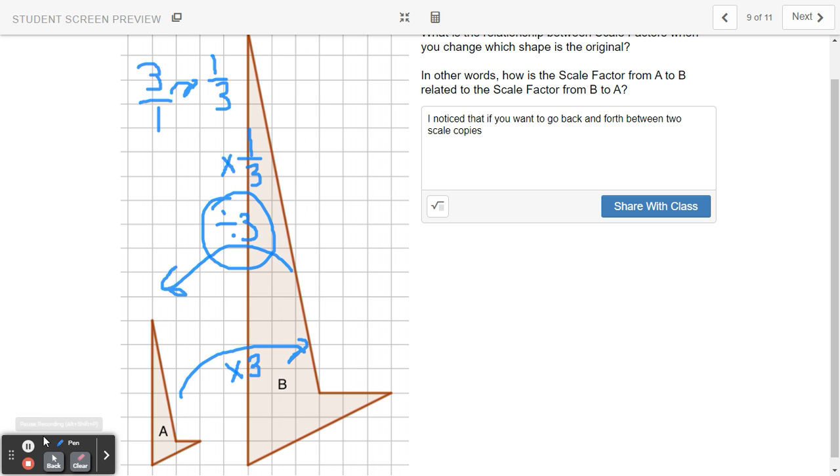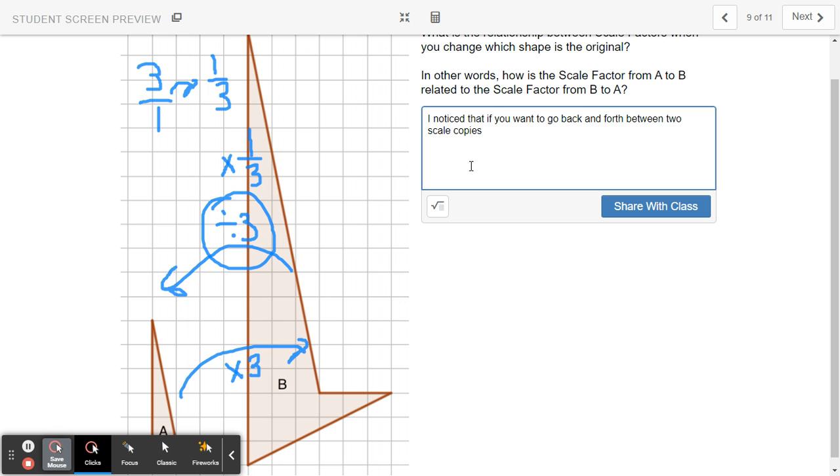So when I look at my explanation here, I said, I noticed that if you want to go back and forth between two scale copies, you can either multiply or divide by the same number.